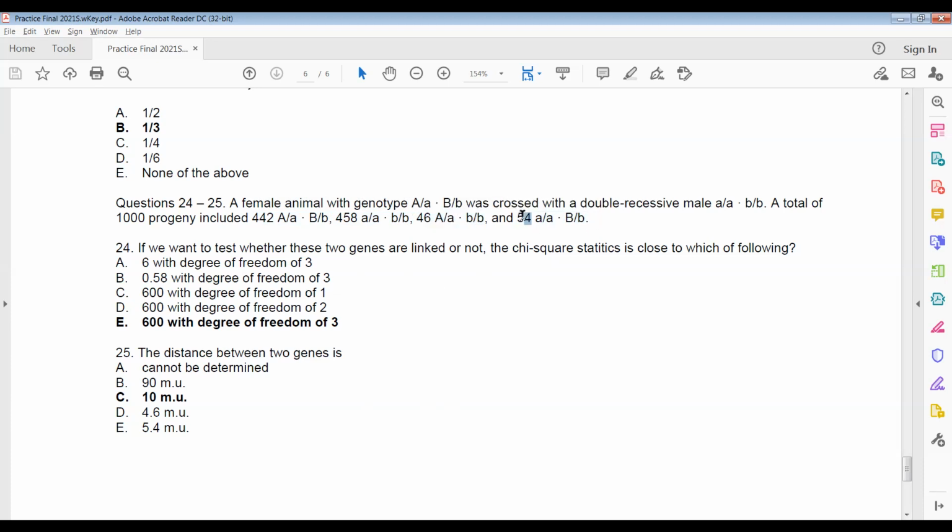So we have this number and this number. If we add these 2 numbers, this gives you 100, right? And the 100 divided by the 1,000 will give you the recombination frequency, which is the map distance between these 2 genes. Okay, that makes sense. Thank you.